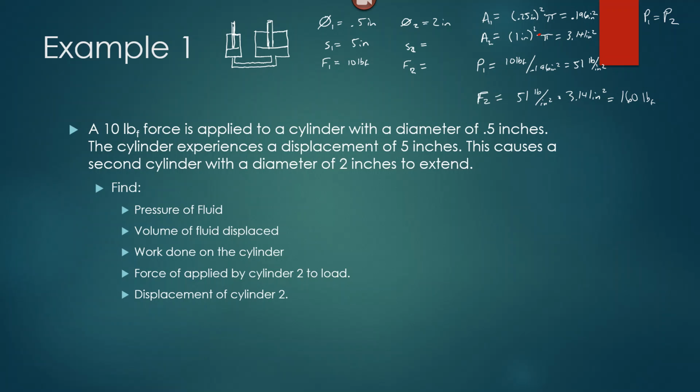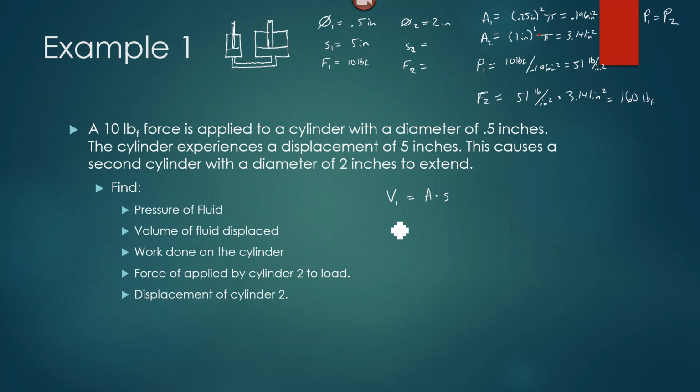Let's find the volume of fluid displaced. So volume at 1 is equal to area times displacement. It's a simple equation that we should know.